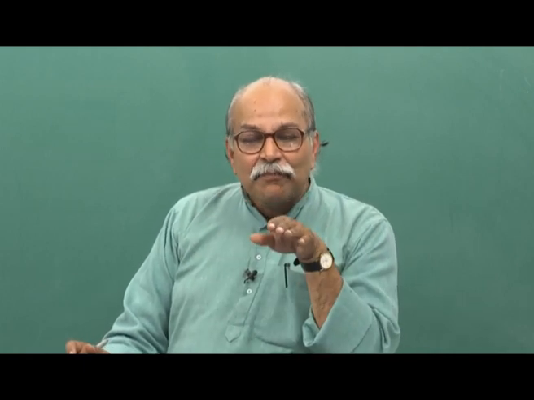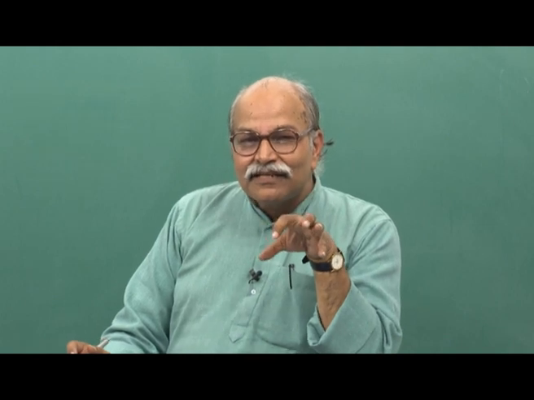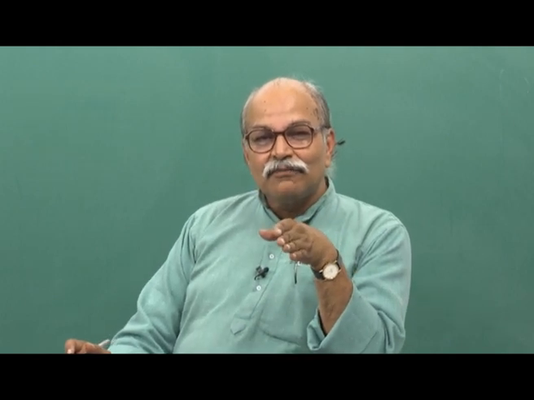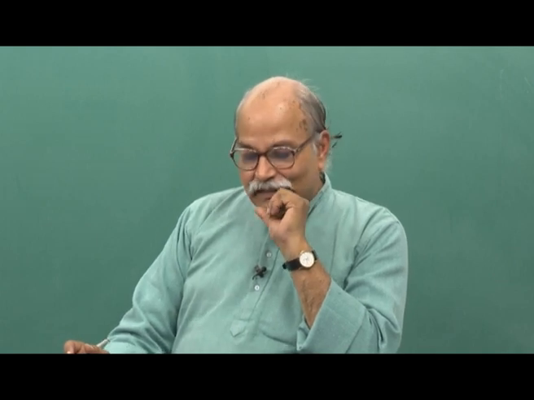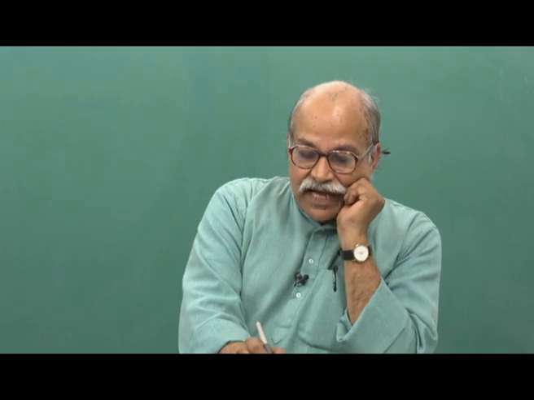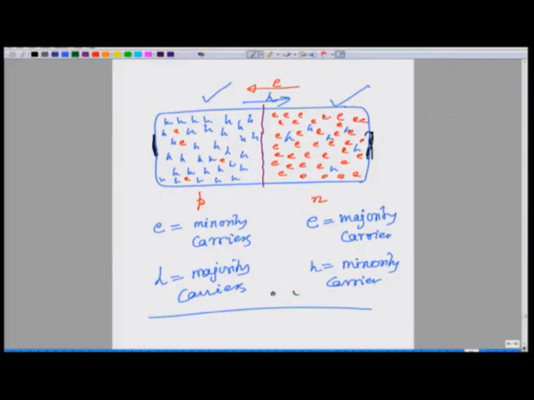What is happening in the actual crystal when I say that holes are going from left to right? If you think of that, and you should keep thinking in terms of the actual crystal also, so that you do not lose sight of the physical phenomena.